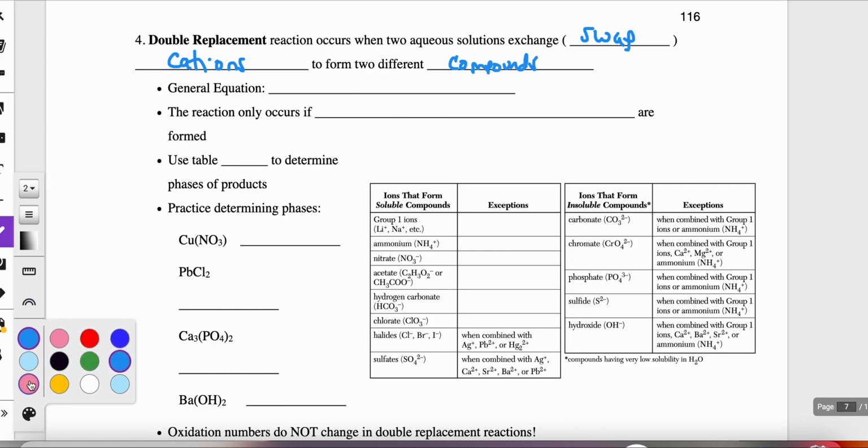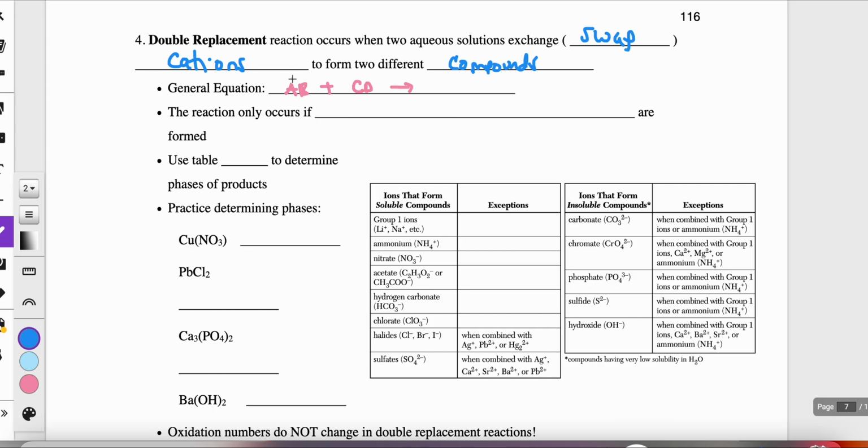So if you were to look in a textbook for a general equation, you would have compound AB put into contact with compound CD. And if you remember cations from our nomenclature, the first partner in each compound is a cation.